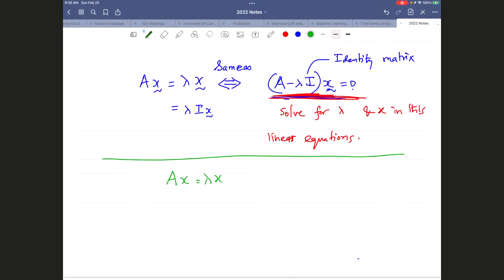This gives a new coordinate system, and lambda is the scaling number in the coordinate system.